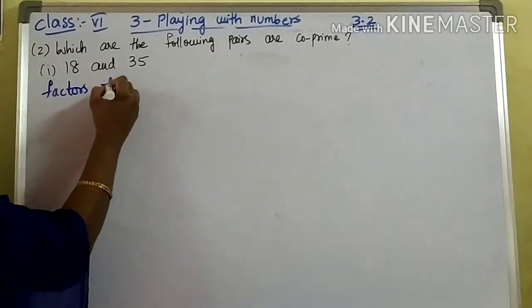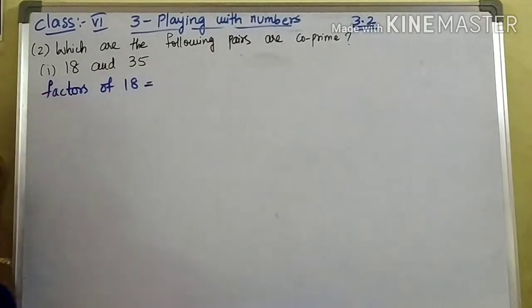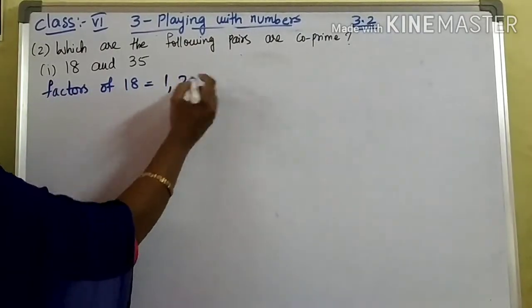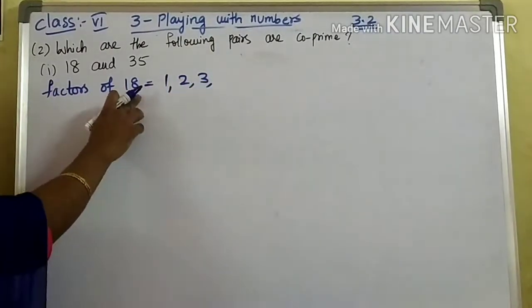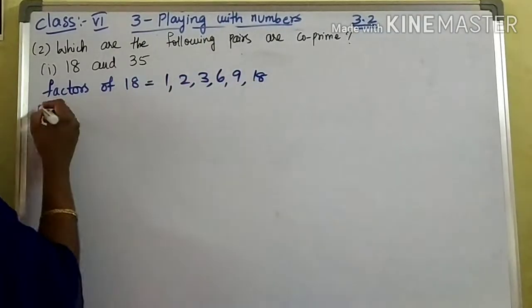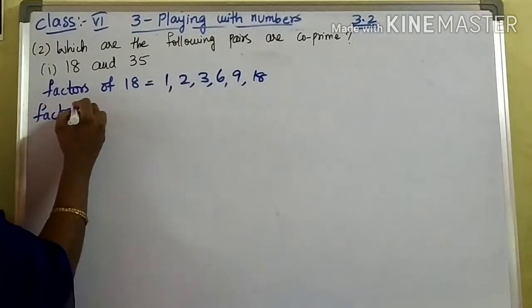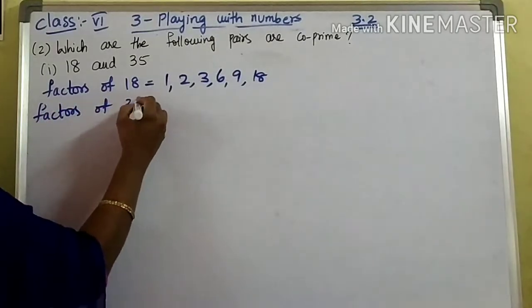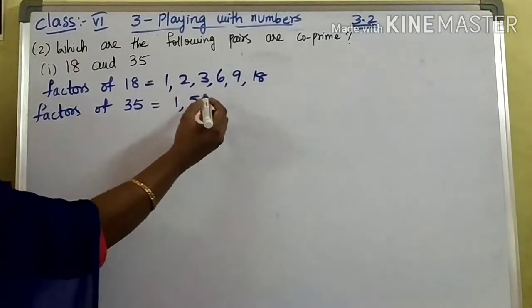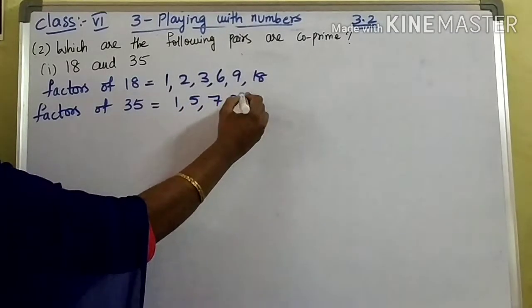Okay, factors of 18. You know what the factors of 18 are? 1 times 18, 2 times 9, 3 times 6, 6 times 3, 9 times 2, and 18. Next we will find the factors of 35. 1 is a factor of 35, 5 times 7, 7 times 5, 35 times 1. Only 4 factors.